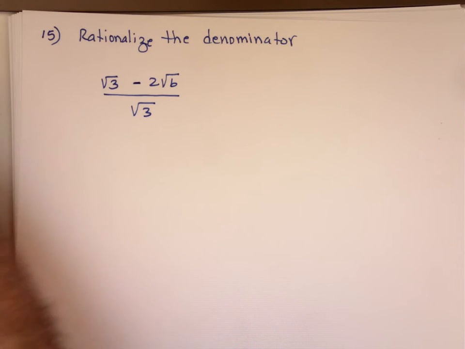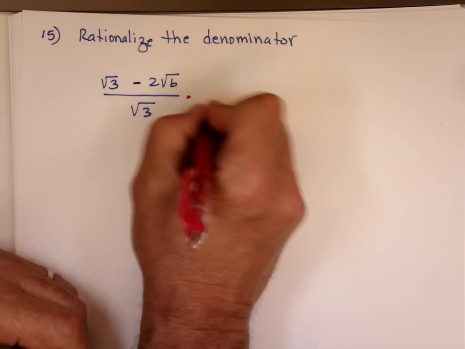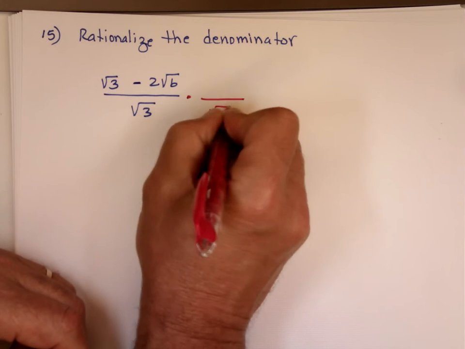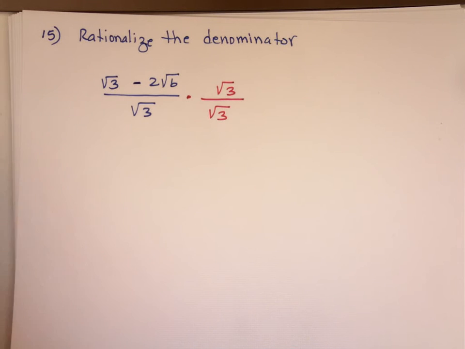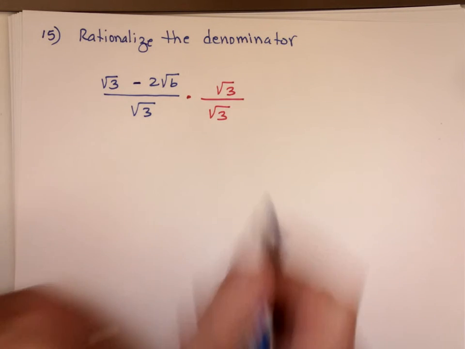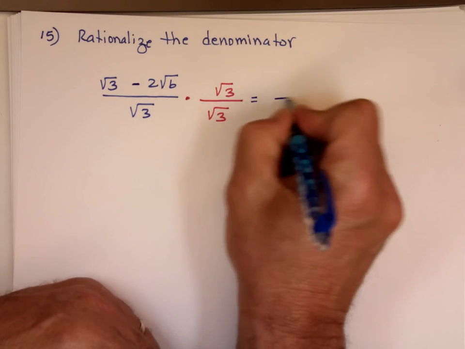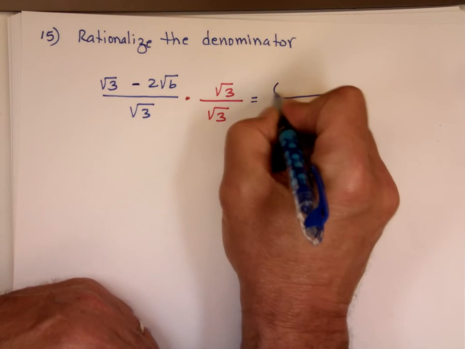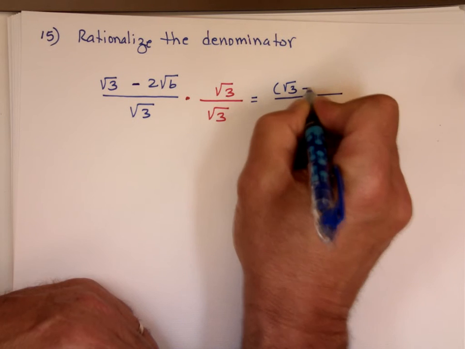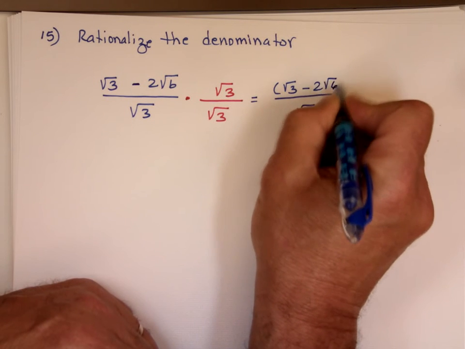So to get rid of the square root in the bottom, we don't care about the top. You're going to multiply it by the square root of 3. So if you multiply that, this will be the square root of 3 minus 2 the square root of 6 times the square root of 3.